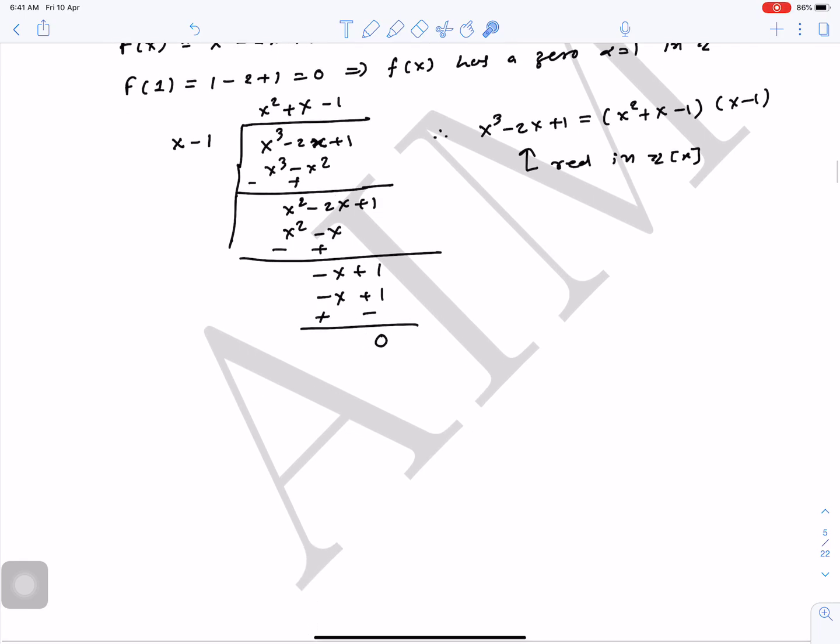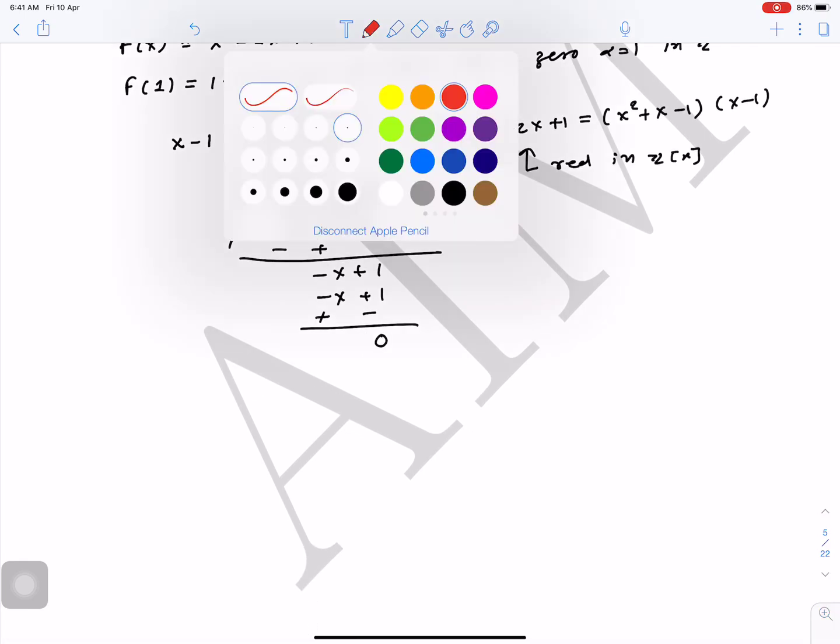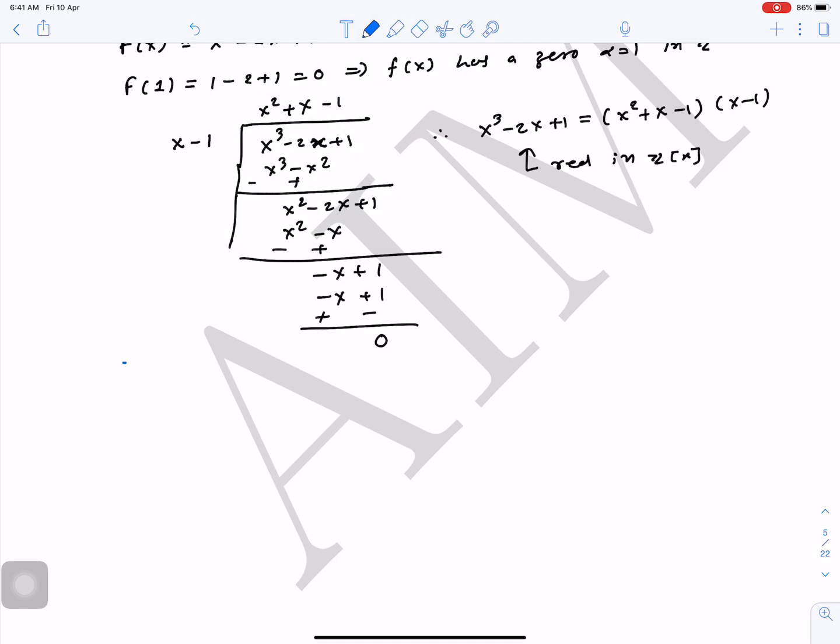Before that, for option C, let n belong to Z with n not equal to 0 and n not equal to minus 2. Now you observe that f(x) equals x cube plus nx plus 1, which is a monic polynomial of degree 3.